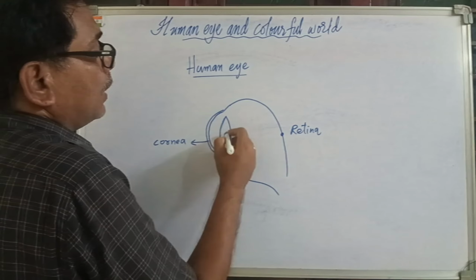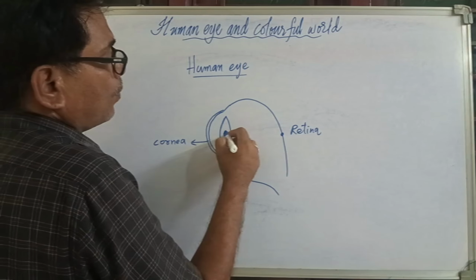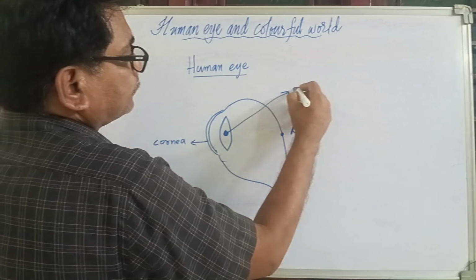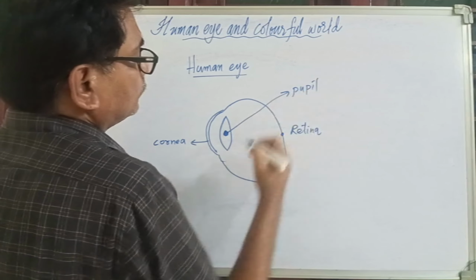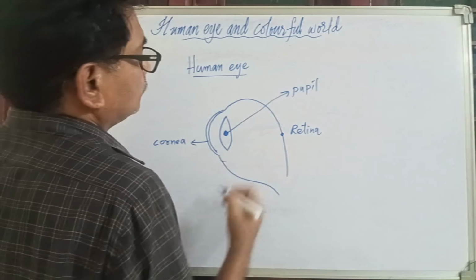A lens consists of a small opening called the pupil. Increasing or decreasing the size of the pupil is done by the iris. So this is the iris.